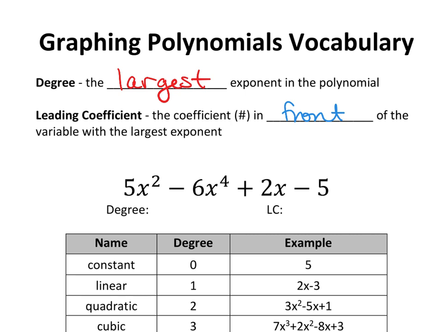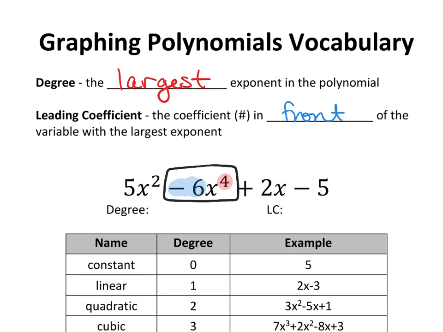So if we look at the example right here, what is the biggest exponent in that? Exponent is the little number. 4. The largest exponent is 4. Yeah, the little numbers. Typically, it's the first term, especially if it's written in standard form, but you're looking for just the largest exponent, which means we look at that particular term, and the coefficient in front of it is called the leading coefficient.